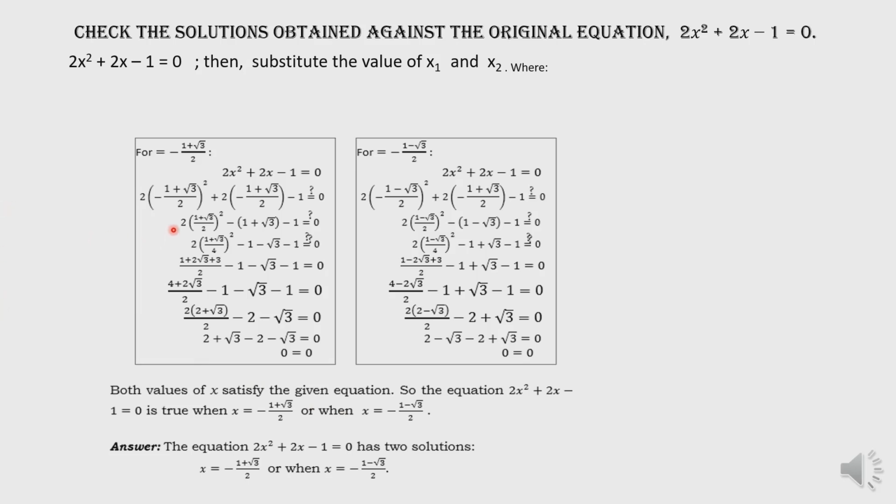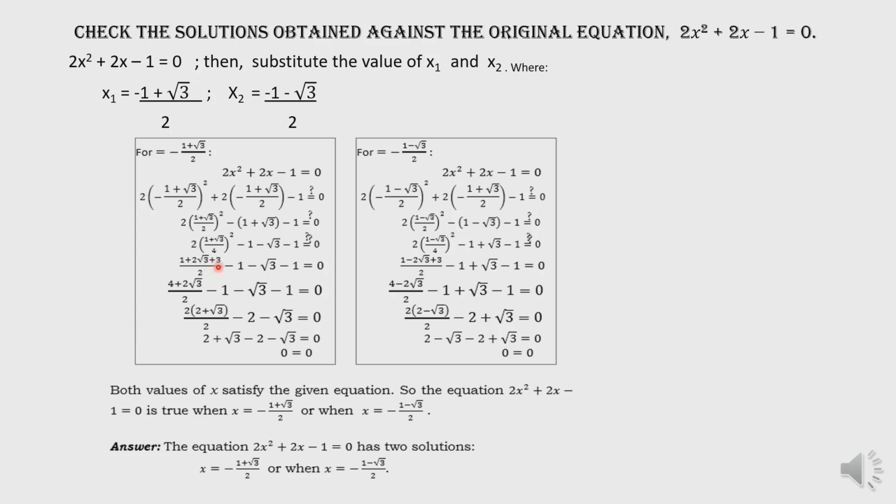So when x is equal to negative 1 plus square root of 3 over 2, substitute it into the given equation. So you got this one. And then simplify. Maybe you have a hard time understanding this part here.